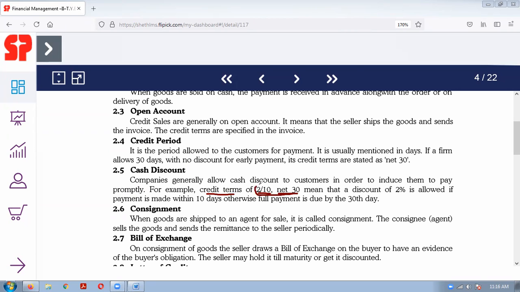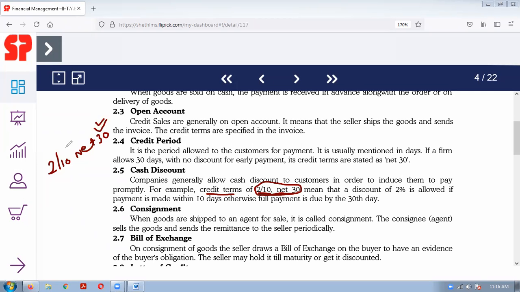Meaning what? If the credit term of the business is 2 by 10 net 30, it means the credit period allowed by the business is 30 days. So if you purchase the goods today, you have to make payment within 30 days.